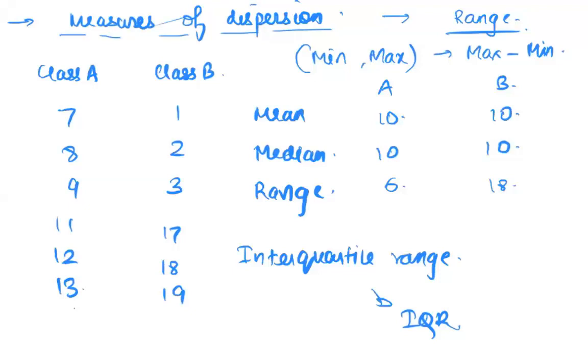Just tell me what that value is. So class A is 12 minus 8? No, it's not 12 minus 8. It's 7 plus 8 by 2, that's 7.5. 12 plus 13 by 2, that's 12.5. 12.5 minus 7.5, that's 5. That's the IQR.